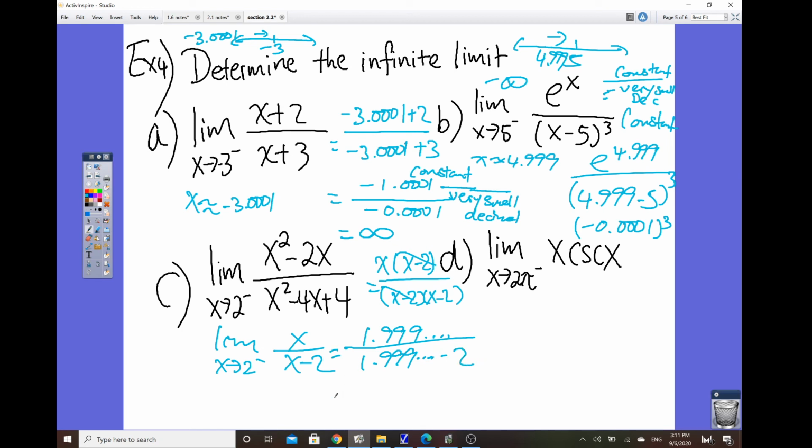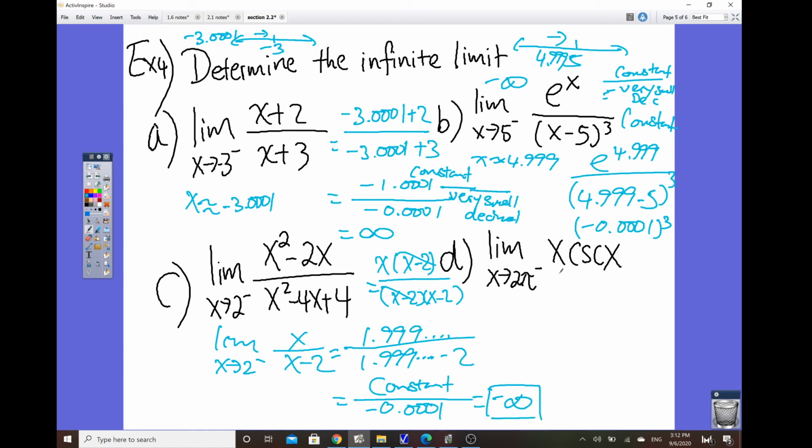So again, as you can see the top part is just a constant, it's almost getting close to 2. Constant. Minus, well, 1.99999 minus 2, it's like negative 0.00001. It can be a very small negative number. So constant over a very small negative number, that would be considered another negative infinity.